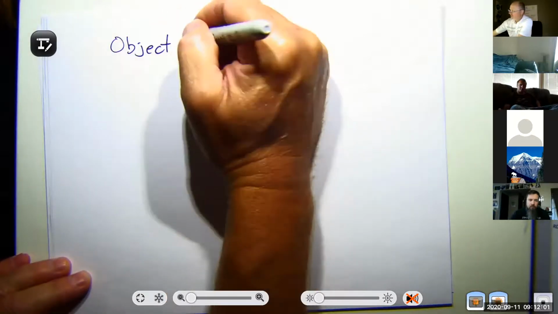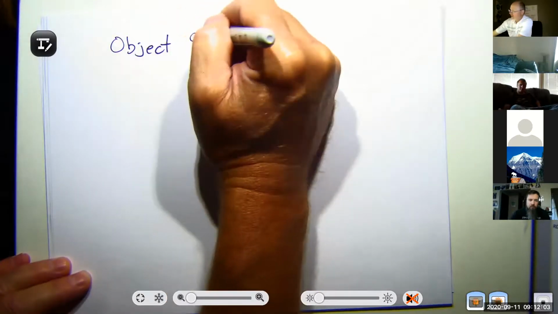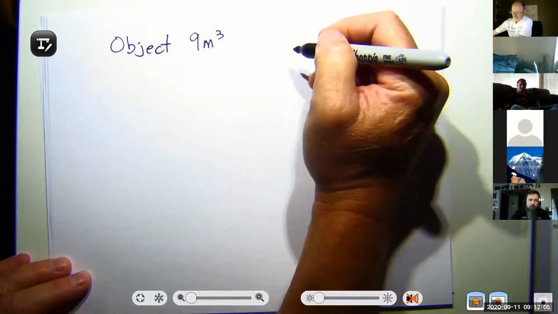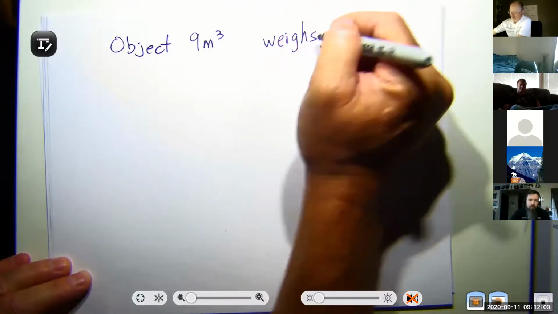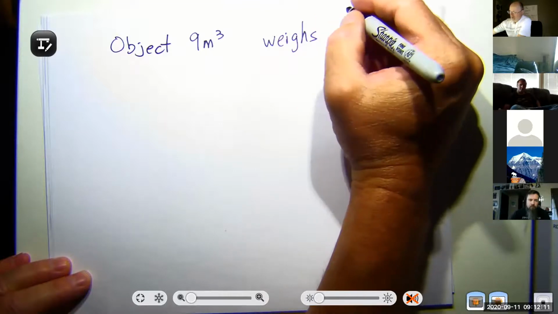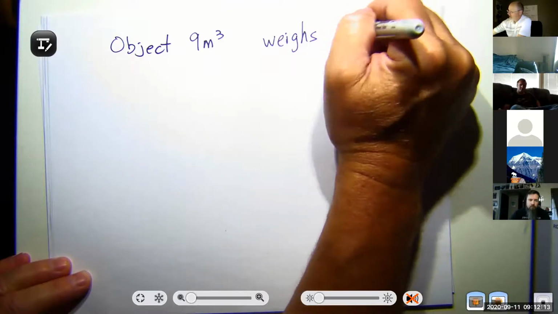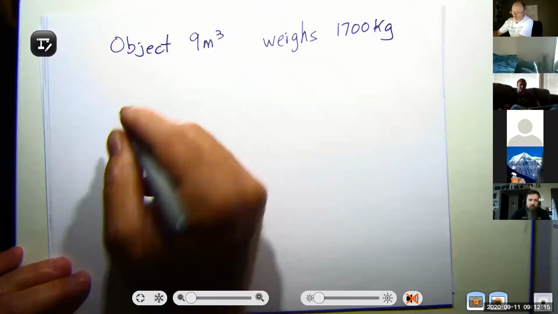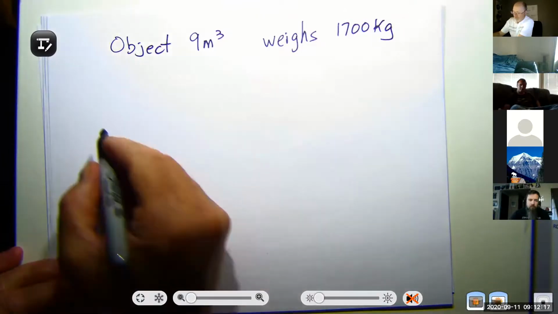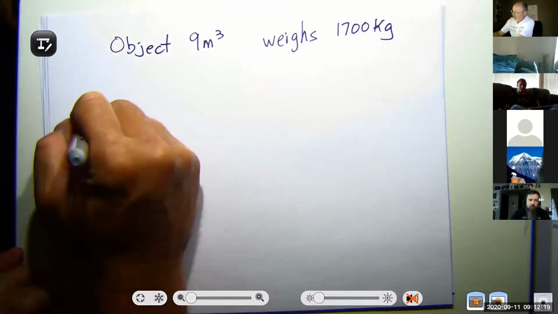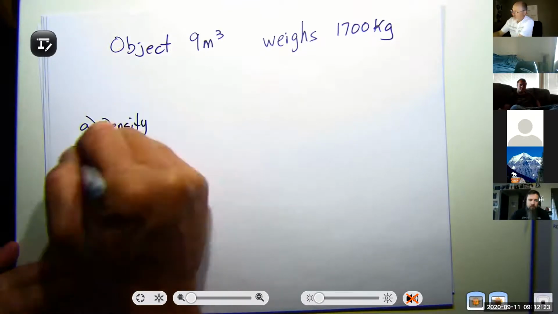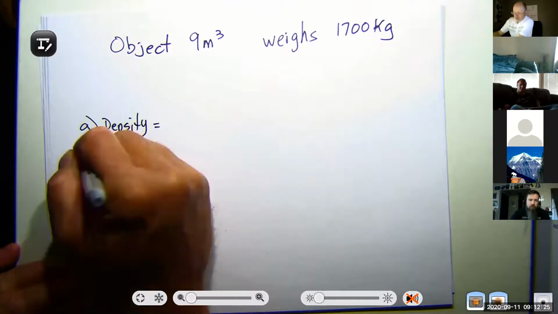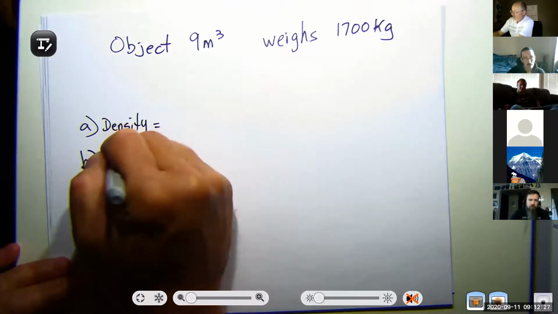An object has a volume of 9 cubic meters, and it weighs 1,700 kilograms. So I want a couple of questions answered. For this one, I want to know A, the density. B, I want to know the relative density.